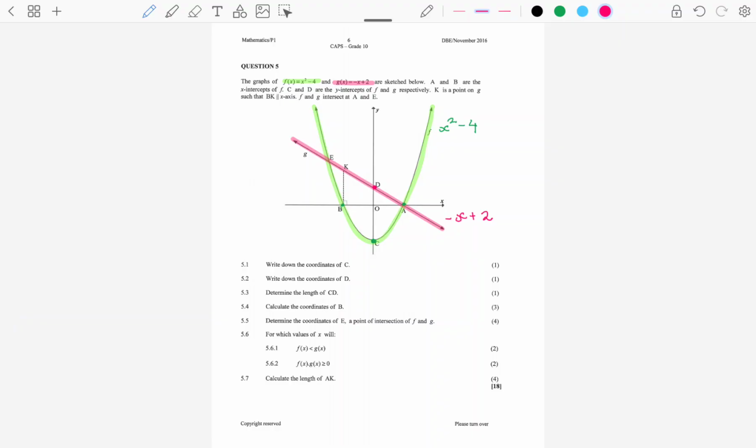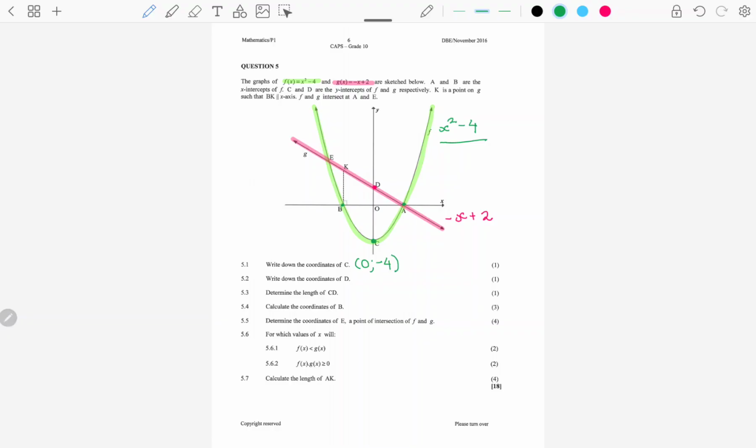So the first question wants us to write down the coordinates of C. C is the y-intercept of the green graph. So when we have a y-intercept, we make x 0. Once x is 0, and we plug that into this equation, we automatically get negative 4. Therefore, the point of C is (0, -4).